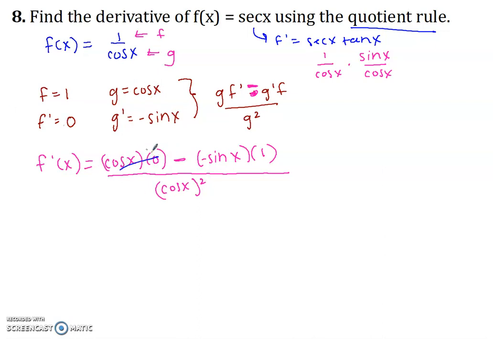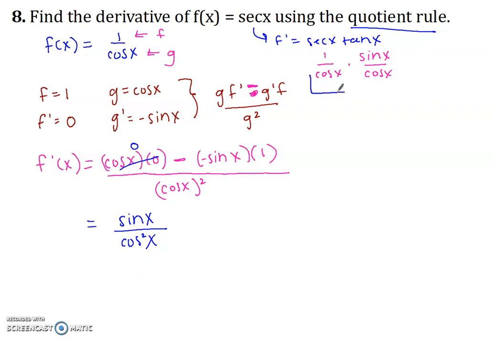Well, 0 times anything is just going to be 0. Negative sine times 1 is just negative sine, so this will be minus and negative. So what I'm left with on the top is positive sine of x over cosine squared of x.